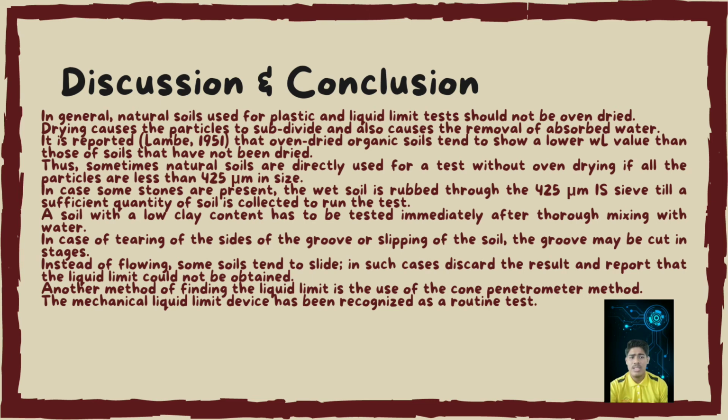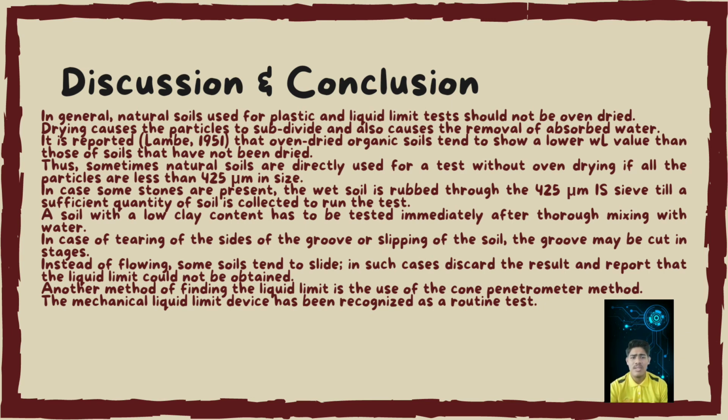Sometimes natural soil is directly used for the test without oven drying if all the particles are less than 425 microns in size. In case some stones are present, the wet soil is rubbed through the 425 sieve till a sufficient quantity of soil is collected to run the test.